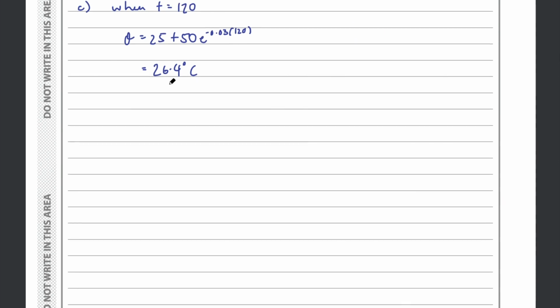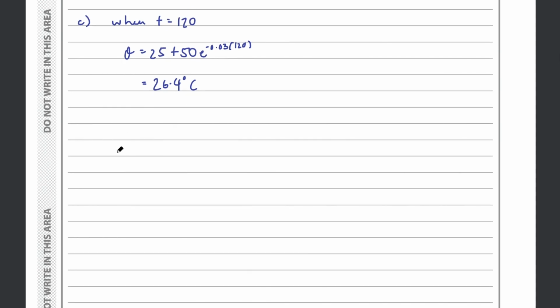So 26.4 is not approximately 20.3, so that's what I'd say first. So 26.4 is not approximate to 20.3 degrees. And actually we could look at this model and say that the temperature will be unreliable when the temperature is actually below 25, and I'll demonstrate that in a minute.